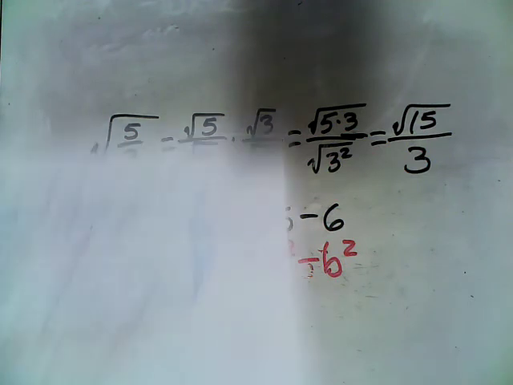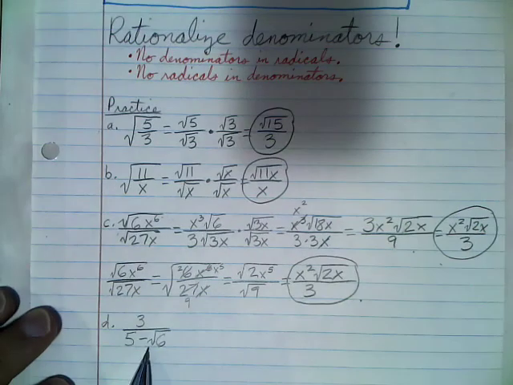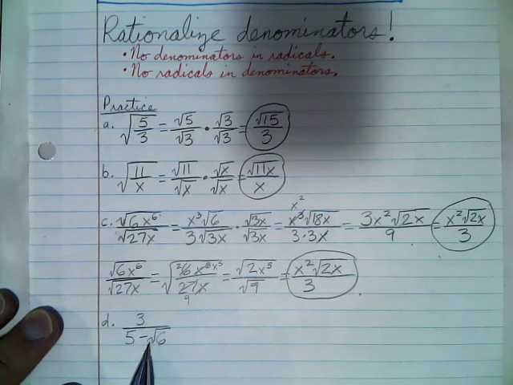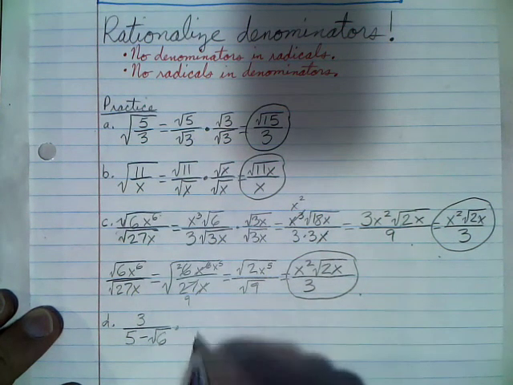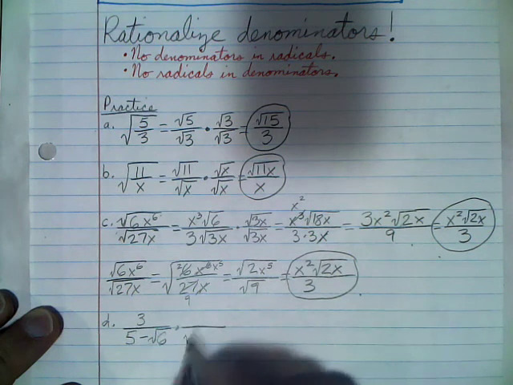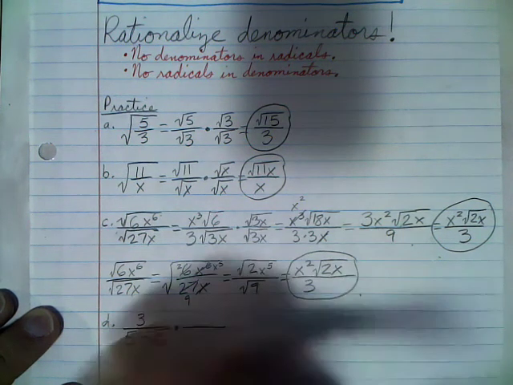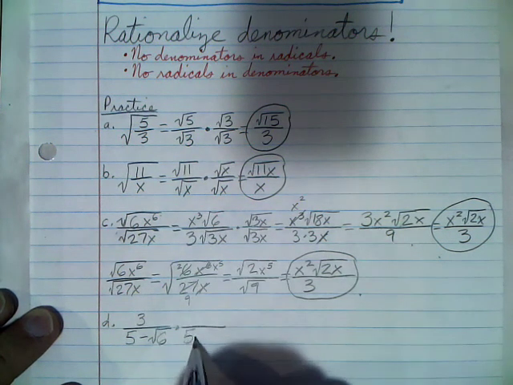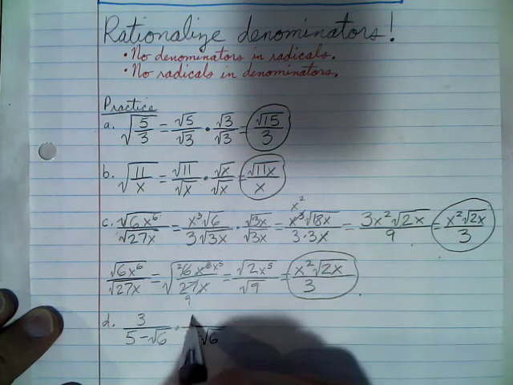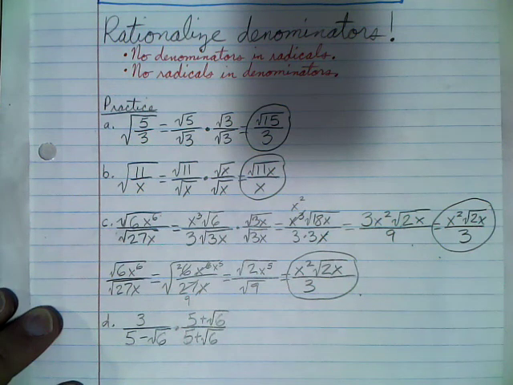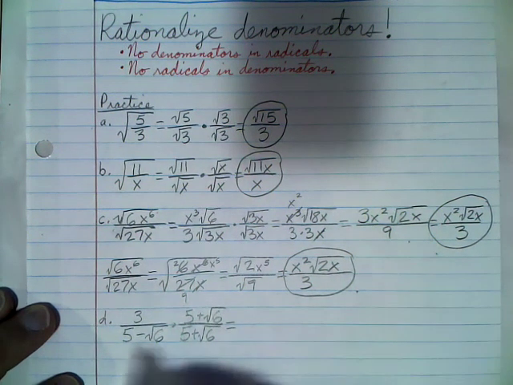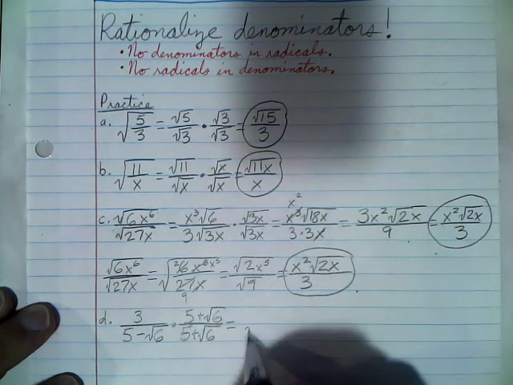So ladies and gentlemen, when you run into a situation like this, in order to rationalize the denominator, we will have to multiply by the conjugate in our form of 1. So 5 plus the square root of 6. So now down here, we know that this will become a difference of squares, so it'll be 25 minus 6.